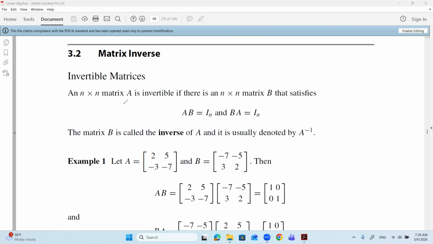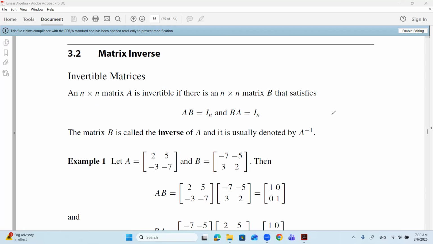By the way, this A is not just a rectangular matrix. It is a square matrix, a very special kind of matrix. It is a square matrix in this topic when we do the inverse.